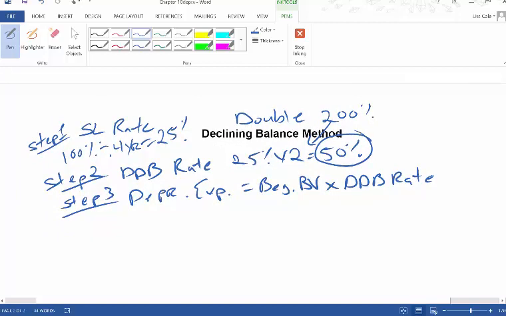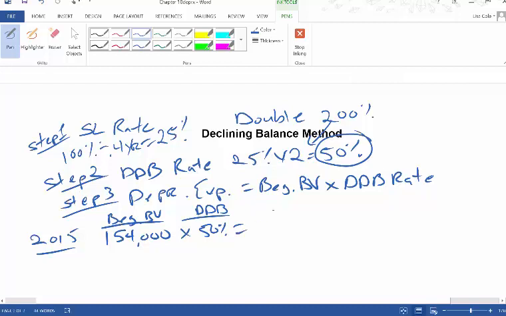If you remember, the problem we're looking at, in 2015 we purchased an asset that cost us $154,000. So that's my beginning book value. Then I multiply that times my double declining balance rate, which is 50%.